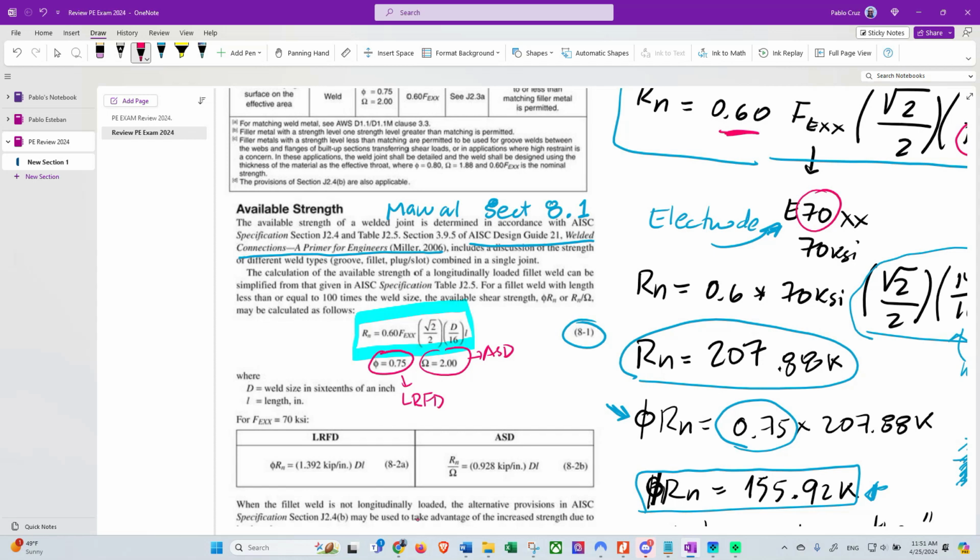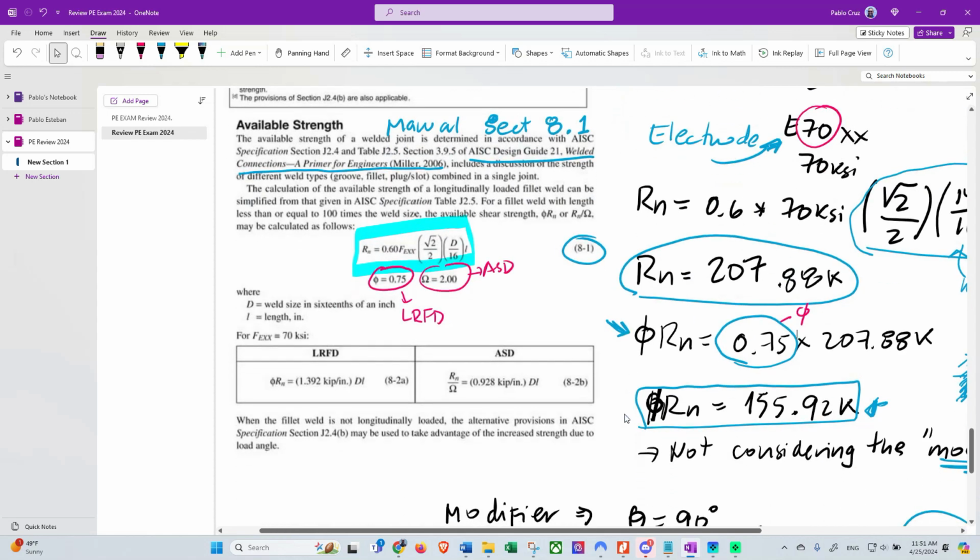So we are going to multiply this value by 0.75. This is the phi value, right? So 0.75 times 207.88 kips is going to give us 155.92 kips. So that's the phi Rn, or let's say the available strength of this welding.